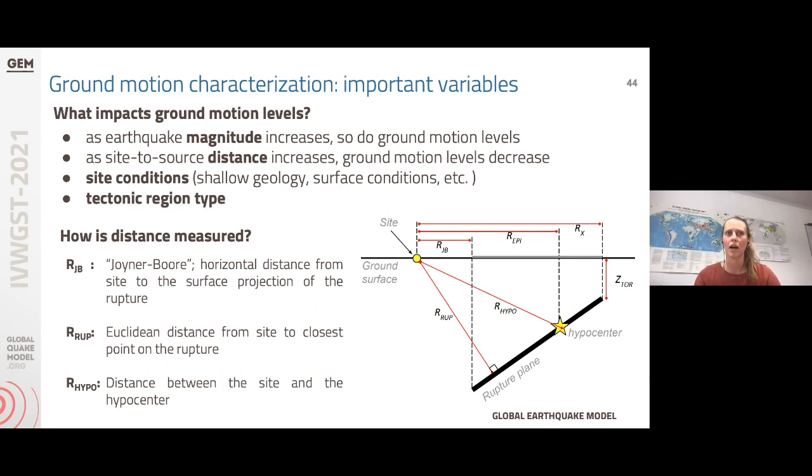And some of the most common metrics are the RJB distance, which is the horizontal distance between a site and the surface projection of the rupture. The distance RRUP, which is just measuring directly the shortest distance from the site to the rupture. And finally, RHypo, which is the distance between the site and the hypocenter. There are a few other metrics listed here, and sometimes some other geometry aspects come into play as well.